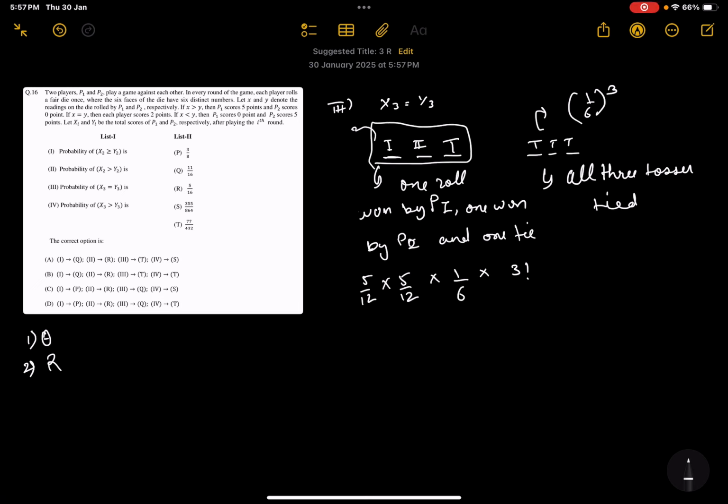So there are 3 events and 3 places to keep them. So this becomes 25 by 144 plus 1 by 216.